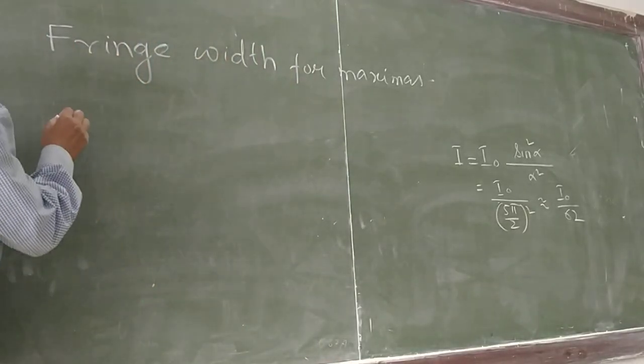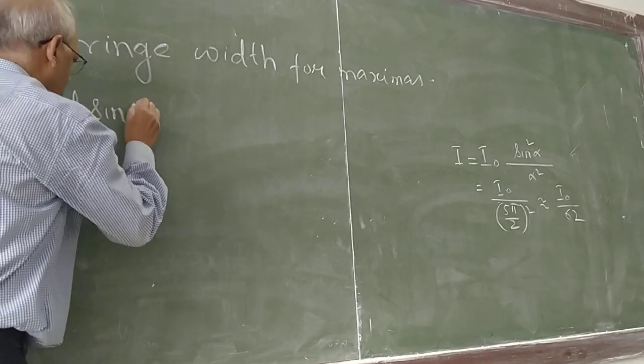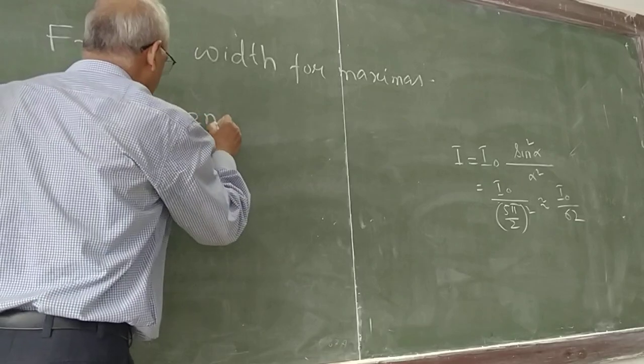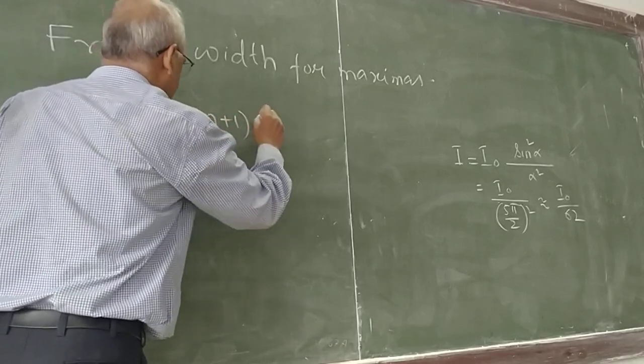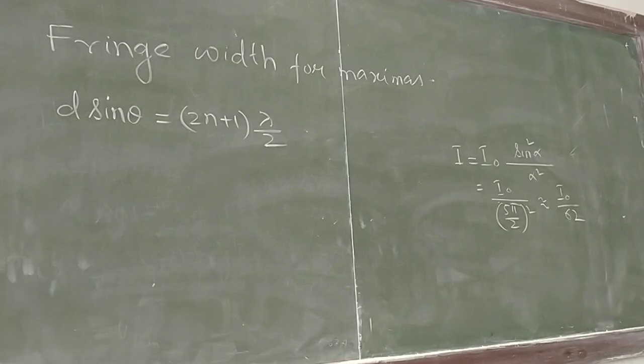Right? What is that? We got this equation. d sin theta for maxima is equal to (2n plus 1) times lambda by 2. Right? Is it correct? Right now we have derived d sin theta is equal to (2n plus 1) lambda by 2.